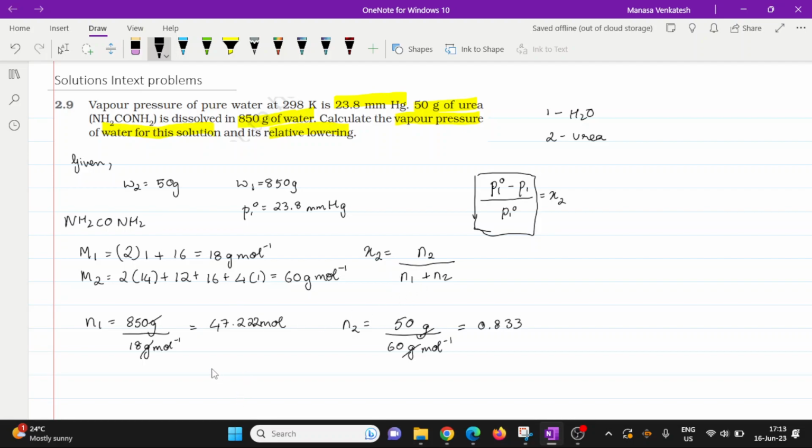So just going to do the calculation for the mole fraction of urea. So X2 equals the number of moles of 2, which is 0.833 moles, divided by 47.222 moles plus 0.833 moles.